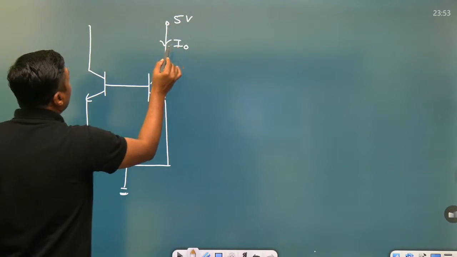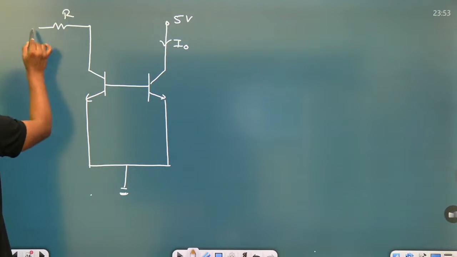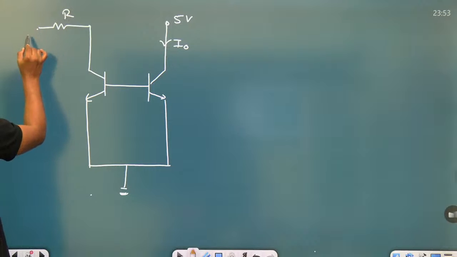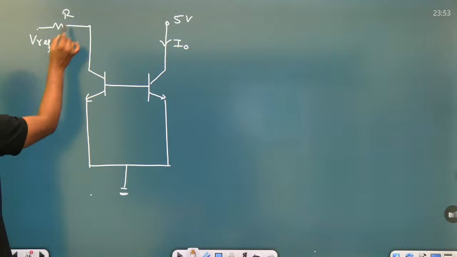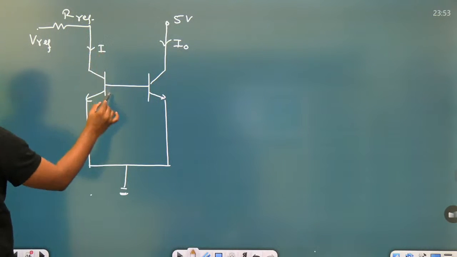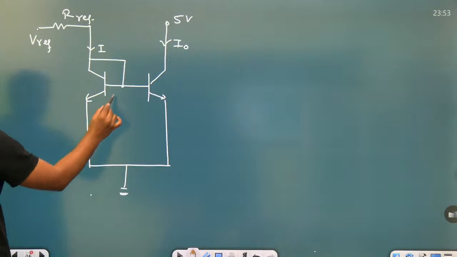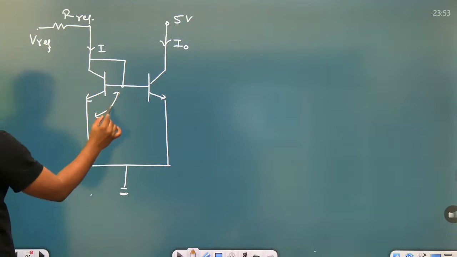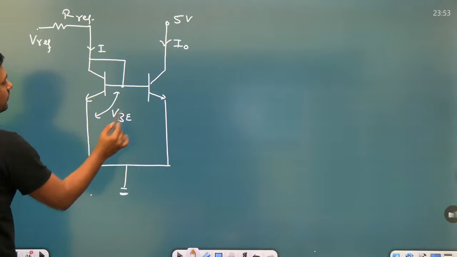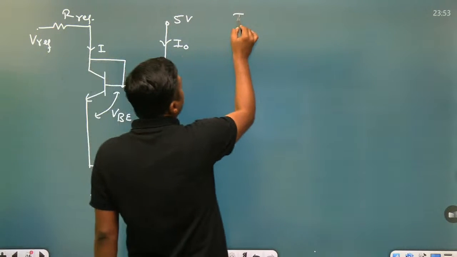You have to find the I0. Sometimes R is given here, and that battery is connected here, like this is the V reference and this is called R reference. This is a standard current mirror circuit. Let this voltage be VB. We can find V reference minus VB upon R reference. That is the value of the I reference.